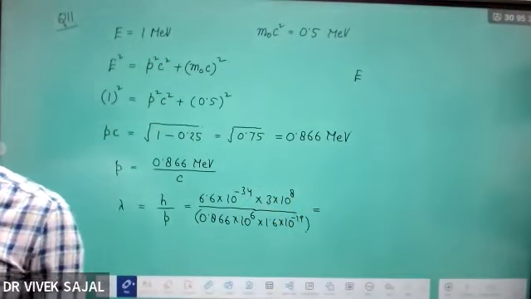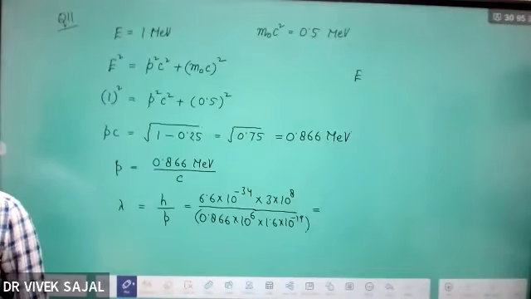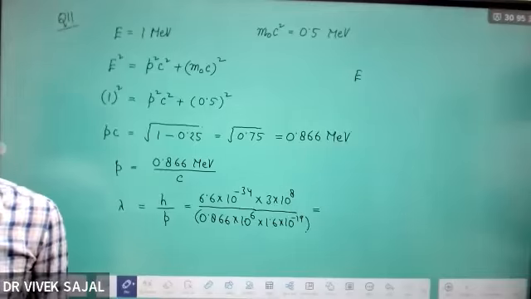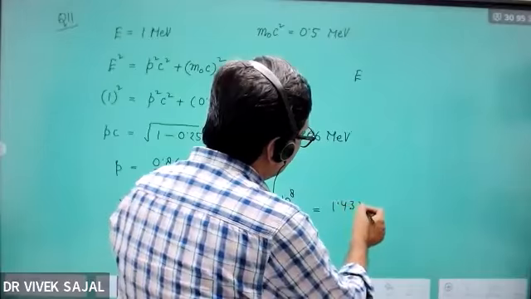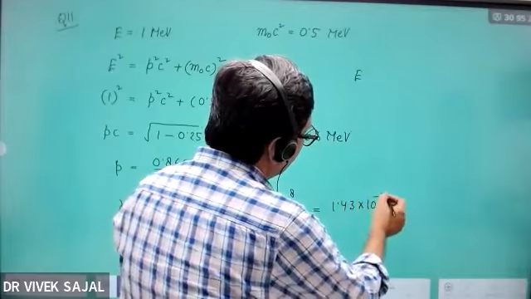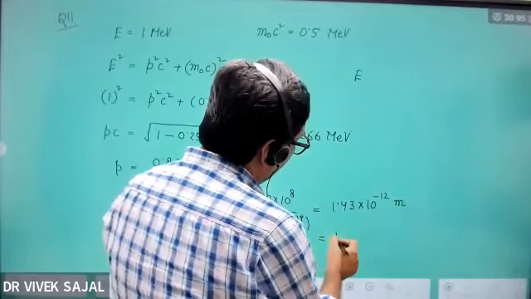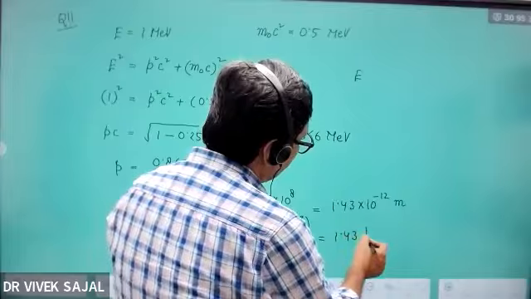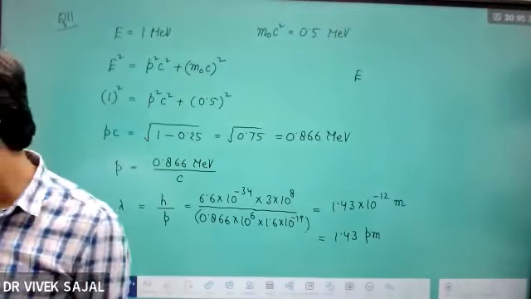How much will it come? 1.43 into 10 to the power minus 12 meter. What do you call 10 to the power minus 12 meter? Picometer. 1.4 picometer. This will be your answer.